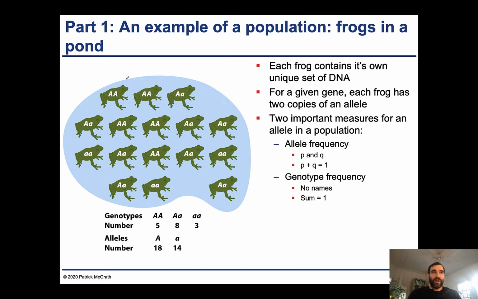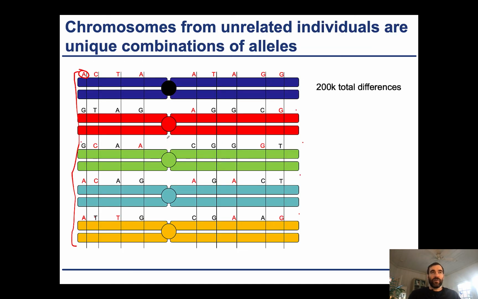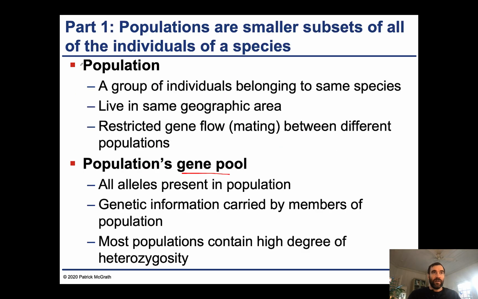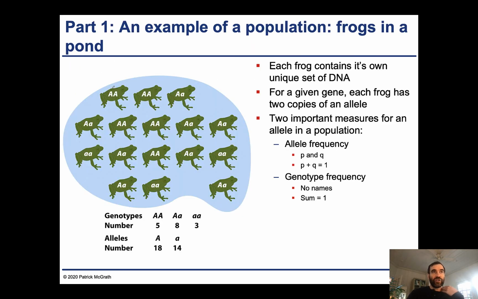So one of the important concepts of this population is the idea that there is allele frequency and genotype frequency. We right now are looking at a single allele. The idea is we're looking at a single position in the frog, and there are 2 alternative alleles at this position.